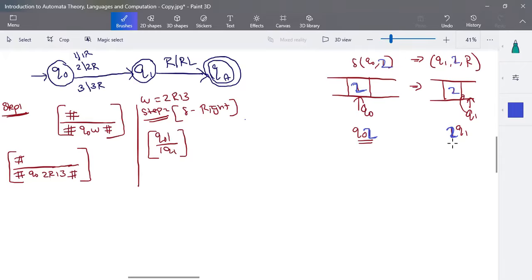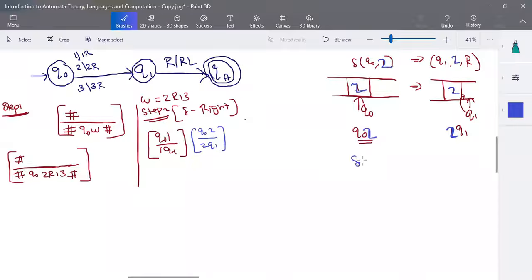So this is before transition and this is after transition. All the transitions are the same. If you are reading 1, 1 remains in the tape and we move right. If you are reading 2, 2 remains, moving right. 3, 3 remains, moving right, and the state moves from Q0 to Q1. So the next domino created will be Q0 2 by 2 Q1.